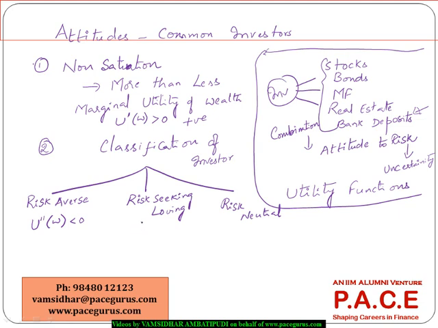The second derivative of the utility function is positive for risk seeking guys, and the second derivative is zero for the risk neutral investors. Whenever we are talking about risk averse, we are talking about a person who does not prefer taking risk that easily.